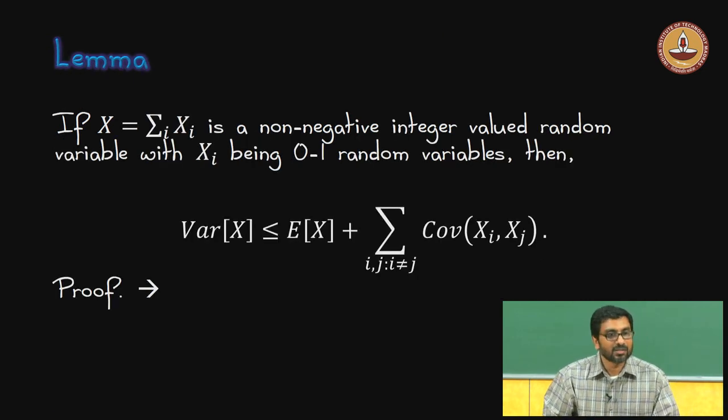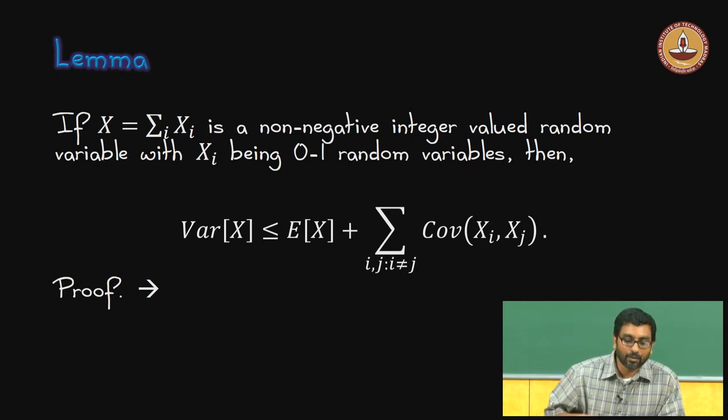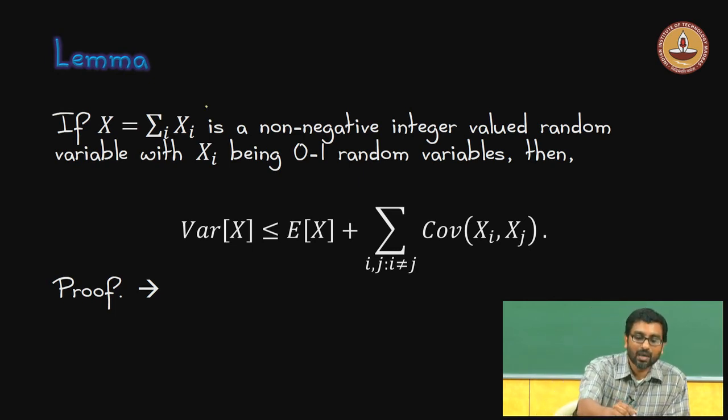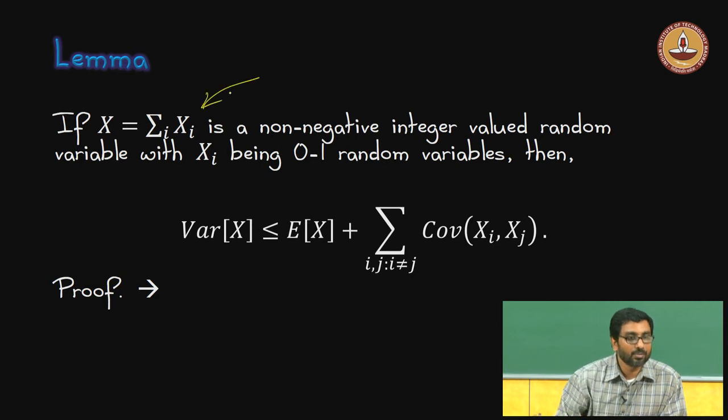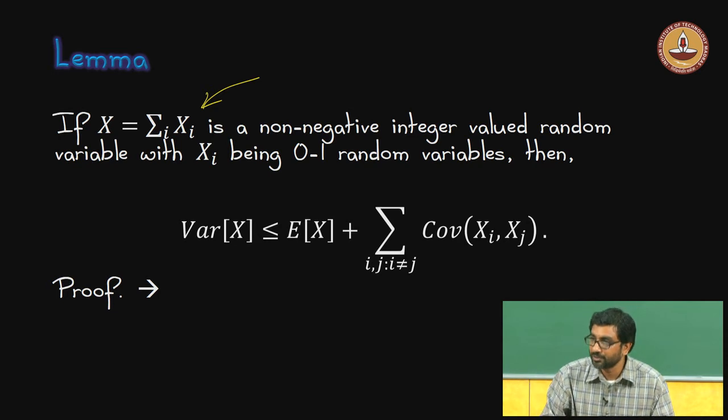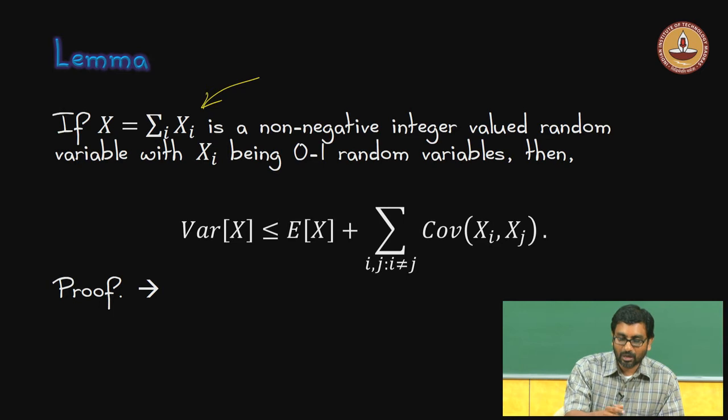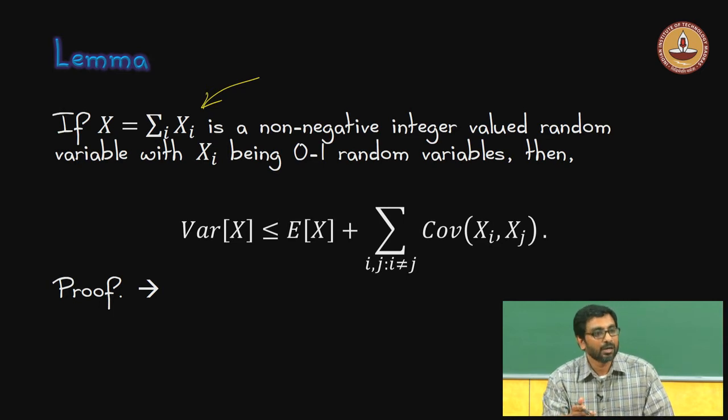So, now we need to understand the variance, for which let us try to bound the variance when we have a certain property. We have this property that this x is the summation of 0, 1 random variables. Okay. If that is the case, well, it obviously looks very similar to the variance formula that we already are familiar with.